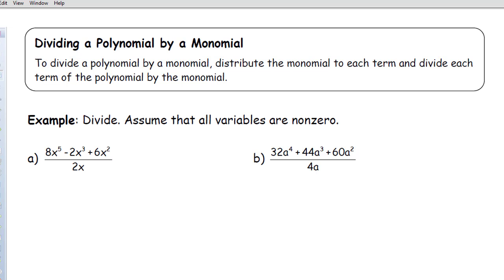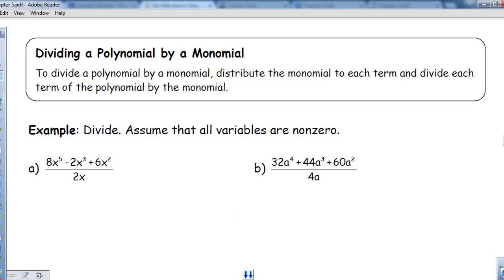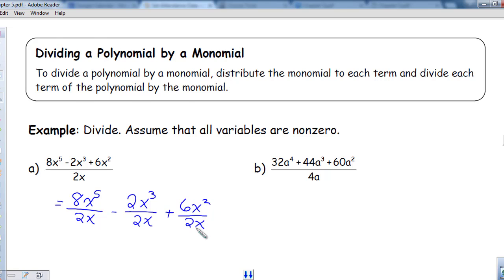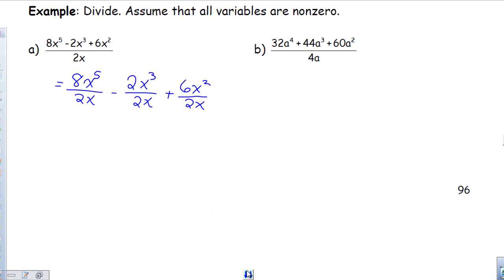So in A, this would be 8x to the 5th over 2x minus 2x cubed over 2x plus 6x squared over 2x. Okay, then we can simplify from there.